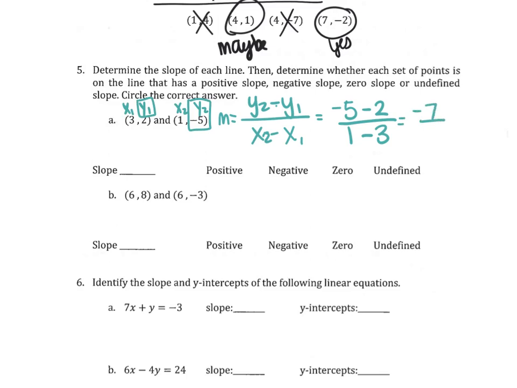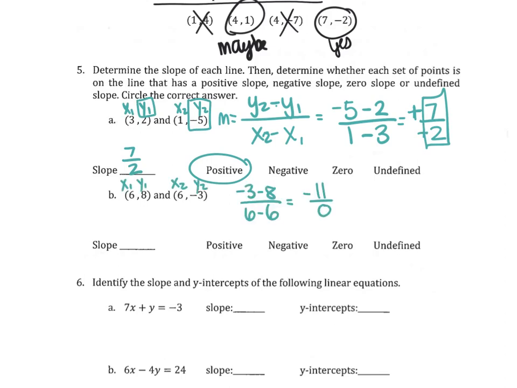Please use your calculator to be certain on these. 1 minus 3 is -7, or -2, sorry. Double negative does cancel out, okay? So I want to think just 7 over 2, and that is positive. Right? Take a pause, you guys try B.